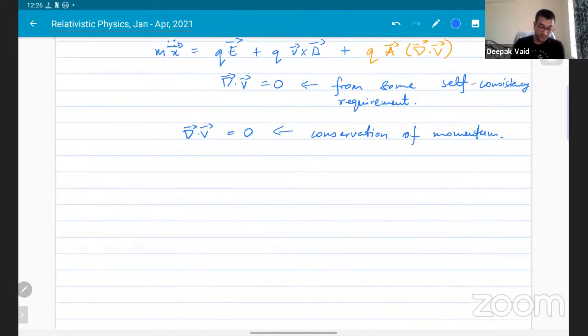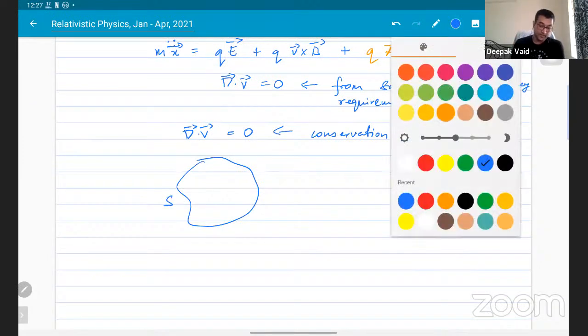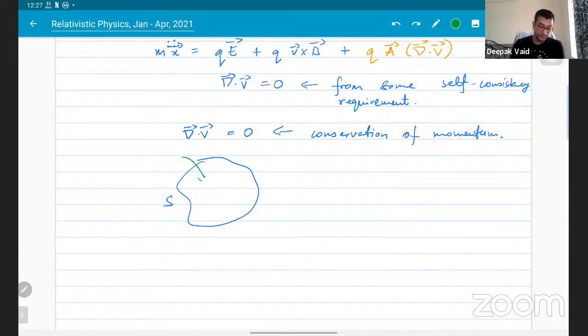Okay, so if you have any closed surface S, and then you ask what is the total momentum that is coming into the surface and what is the total momentum that is coming out of the surface, right?